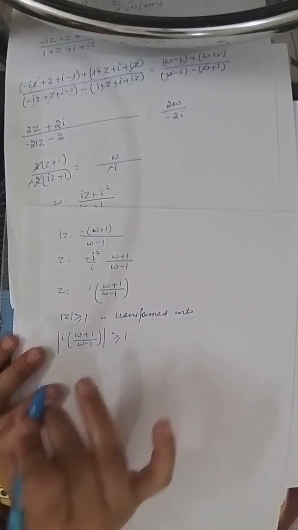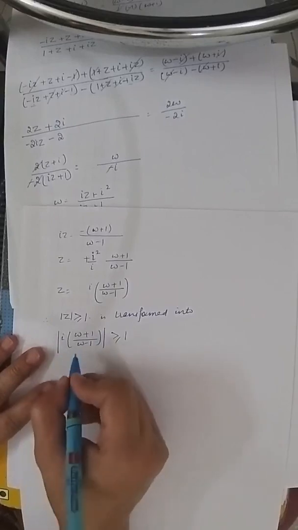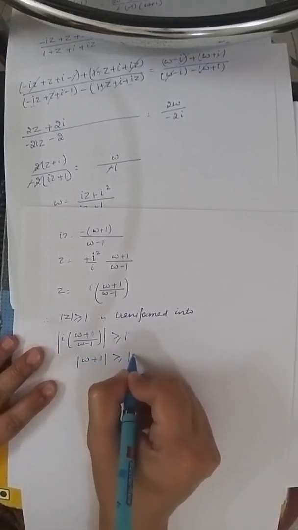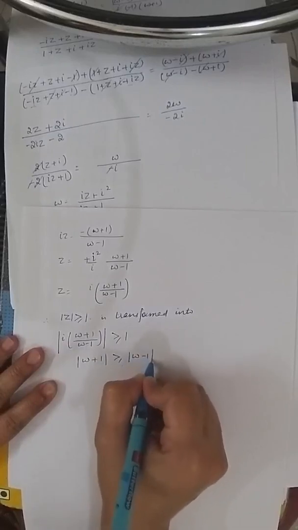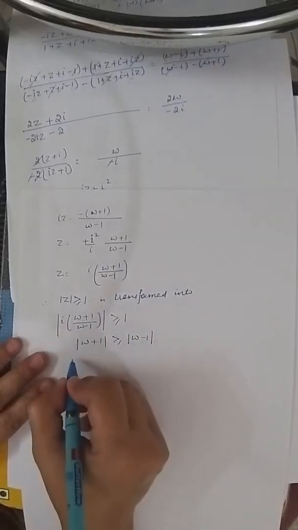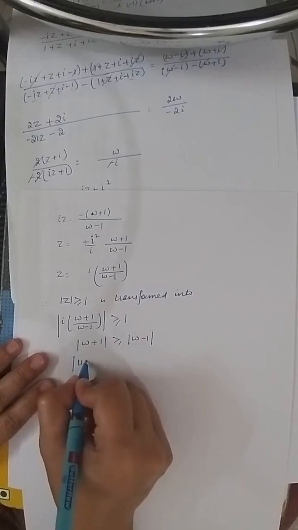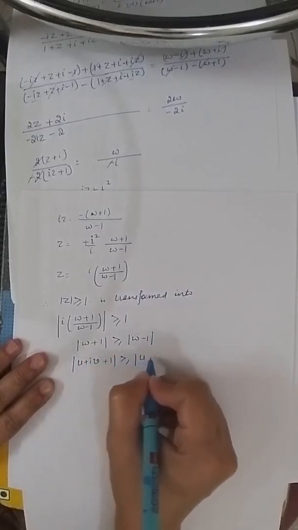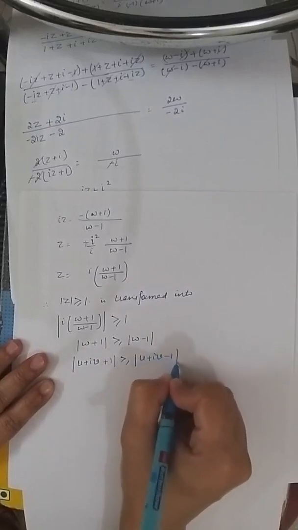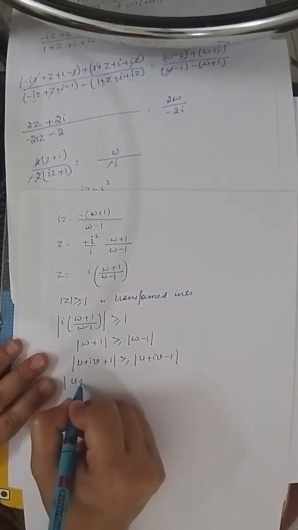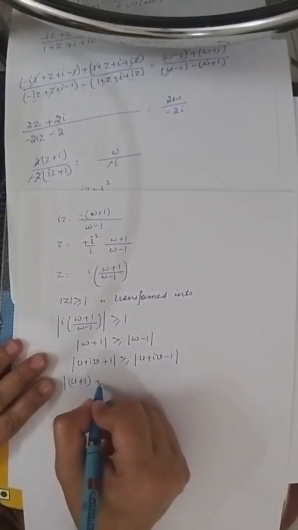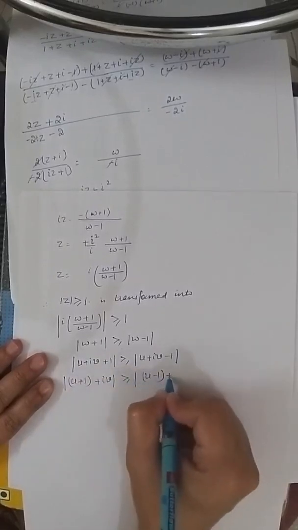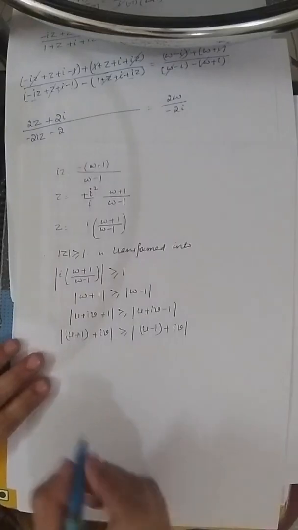Mod of iota is 1. Therefore from here we get mod w plus 1 is greater than equal to mod w minus 1, or mod w is u plus iota v, so mod u plus iota v plus 1 is greater than equal to mod u plus iota v minus 1, or mod u plus 1 plus iota v is greater than equal to mod u minus 1 plus iota v.